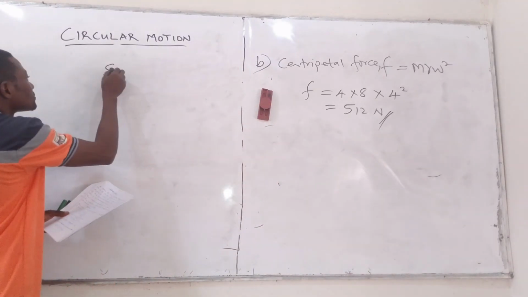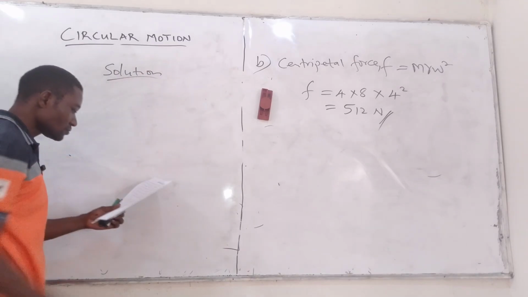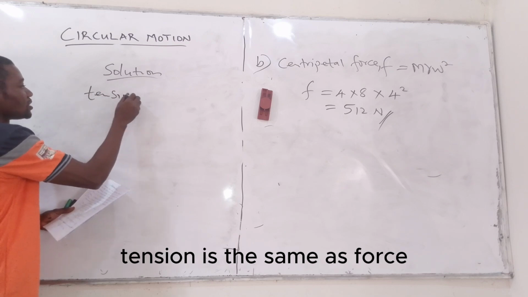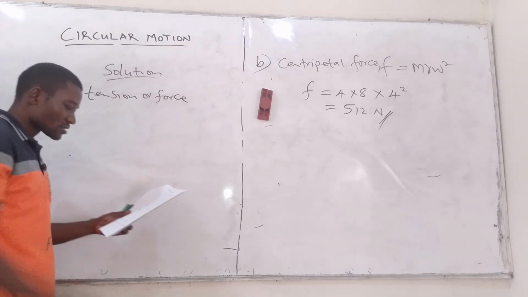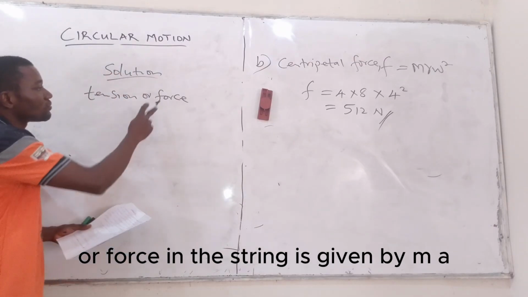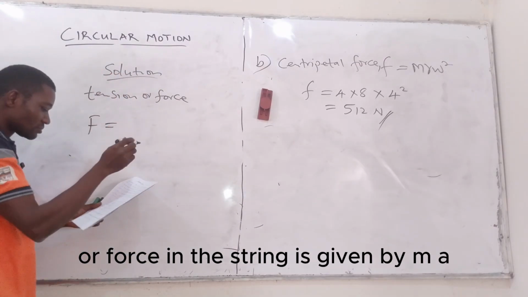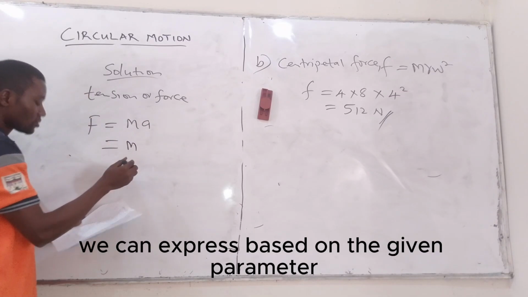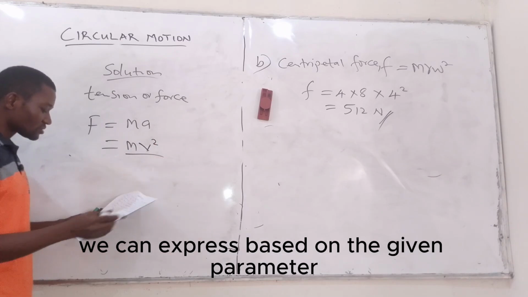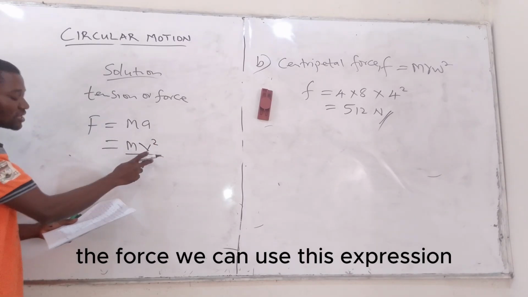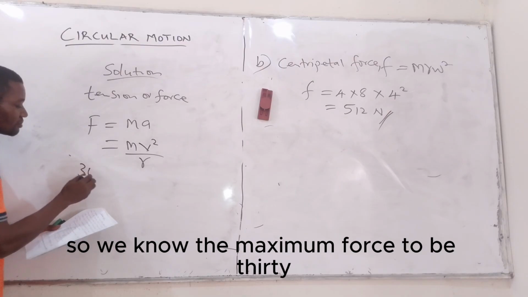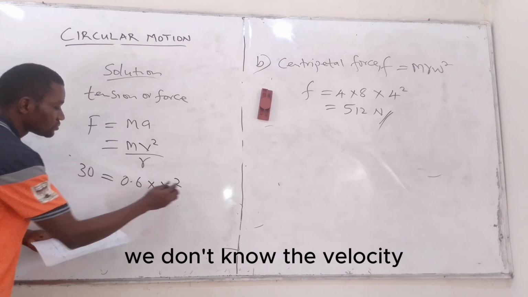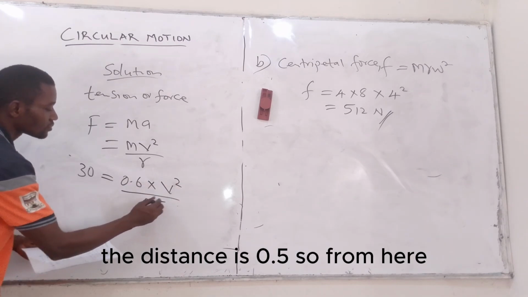Solution. So the maximum tension, you know tension is the same as force. Are you following? The maximum tension or force in the string is given by ma. And from here, based on the given parameters, we can use this expression for the force. We know the maximum force to be 30, the mass of the object 0.6, we don't know the velocity, and the distance is 0.5.